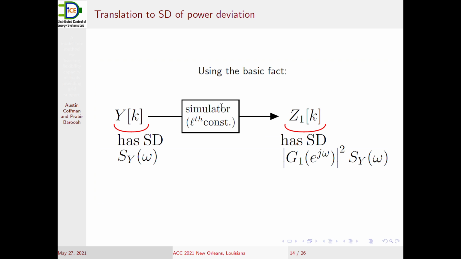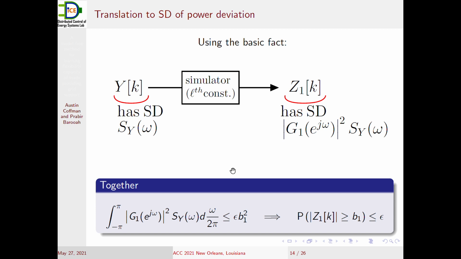And so the idea to do that is just a basic fact that if you have some spectral density S1, this is a wide-sense stationary signal, you pass it through a linear system, you know what the output spectral density is. So just using this, we can convert that previous constraint to this, which is a constraint on the spectral density of the power consumption, implying some quality of service constraint.